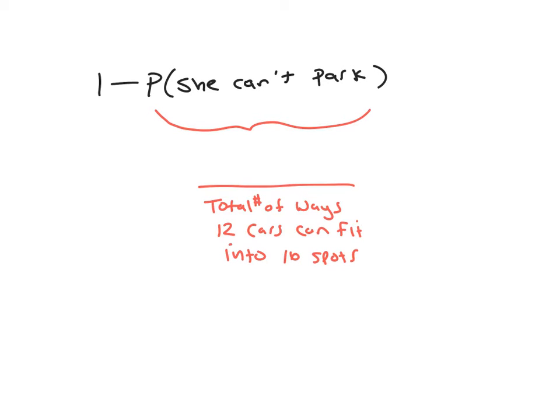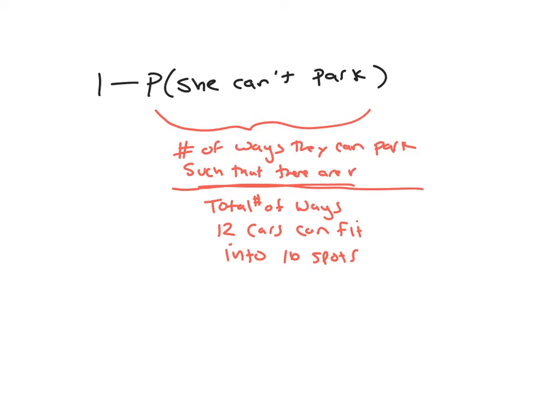And the numerator that we're looking for is the number of ways they can park such that there are not 2 adjacent spaces.